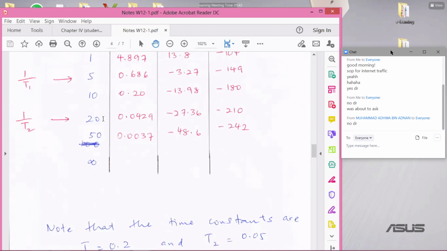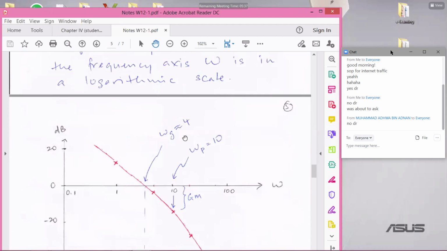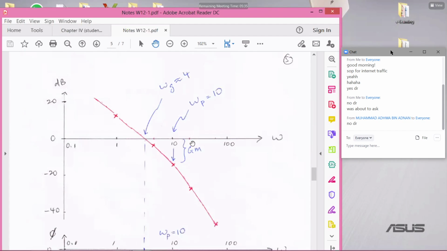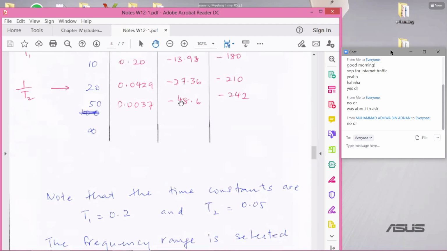And then 20. 20 is about 1/3 from 10, at -27 decibel. So this is 20, and then you go down to -27 decibel.